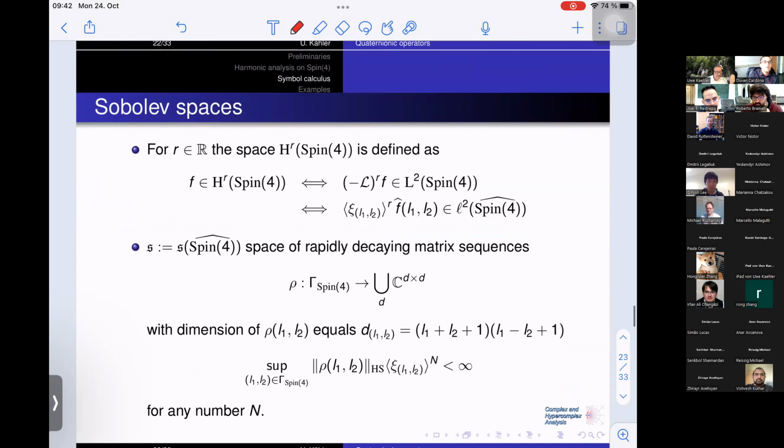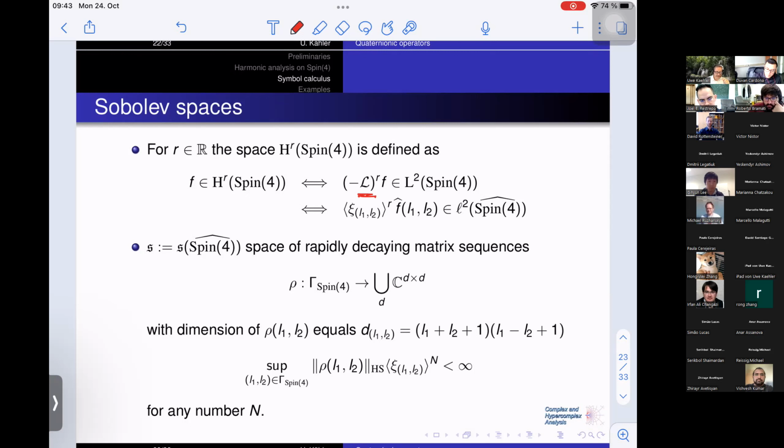So Sobolev spaces are also kind of automatic. We have our Laplace-Beltrami operator, and it gives us the weight we have to put. For that one, we can say the Sobolev space is defined by requiring that the Laplace-Beltrami operator of the same order applied to F is in L2.